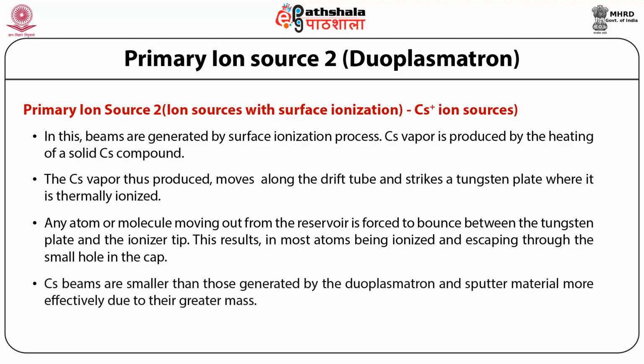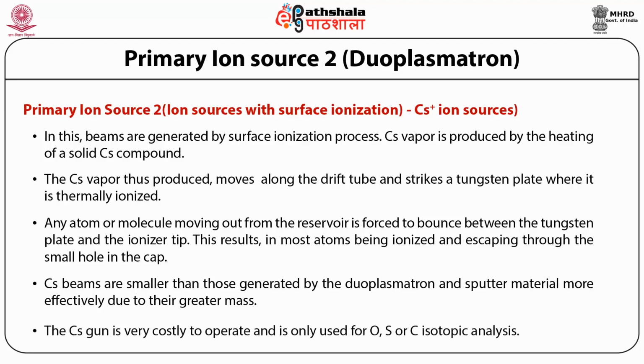Cesium beams are smaller than those generated by the duoplasmatron and sputter material more effectively due to their greater mass. The cesium gun is very costly to operate and is only used for oxygen, sulfur, or carbon isotopic analysis.